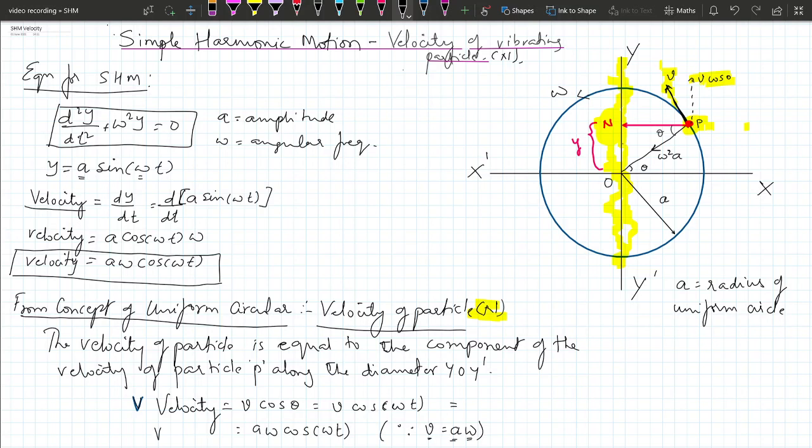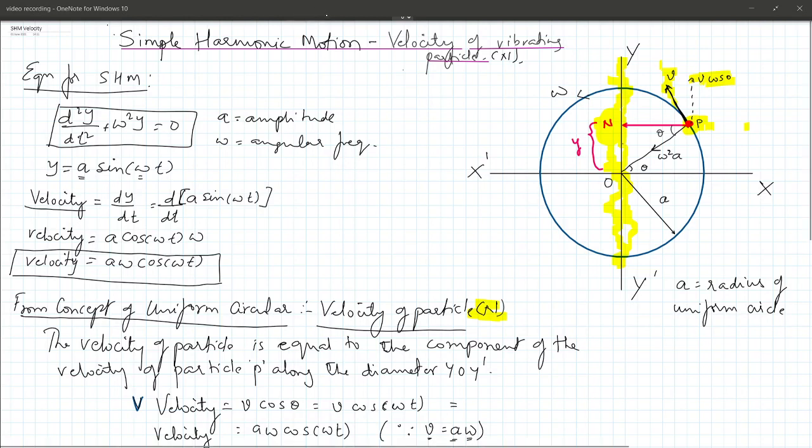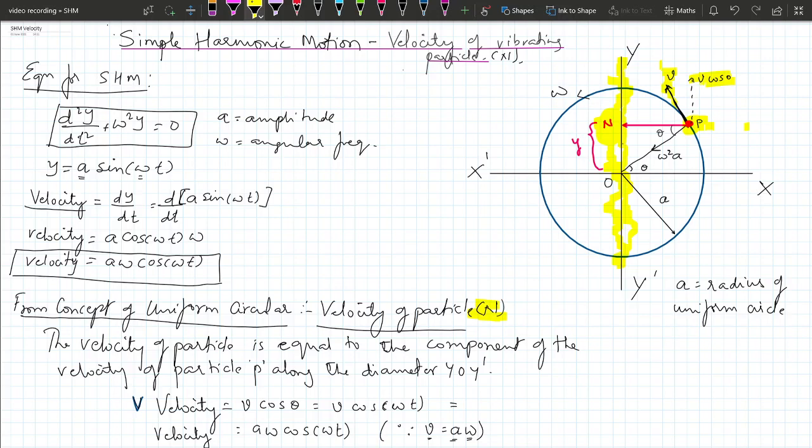So if you look at the velocity equation that we have obtained in the usual way, and the one obtained from the concept of uniform circular motion, both are same: a omega into cos of omega t.